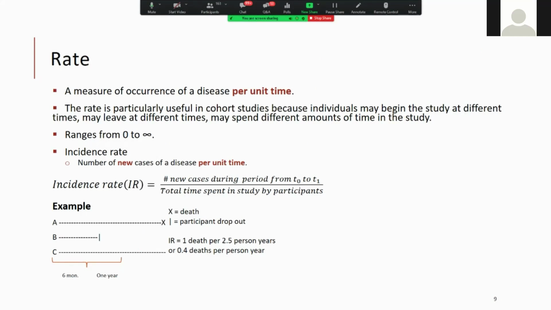The incidence rate has the total time as a denominator. And one of the things that we talked about in one of our previous courses was when you see a rate, then time is a factor in the denominator, right? Unlike if it's an incidence proportion, then it's the number of people that's the factor in the denominator.